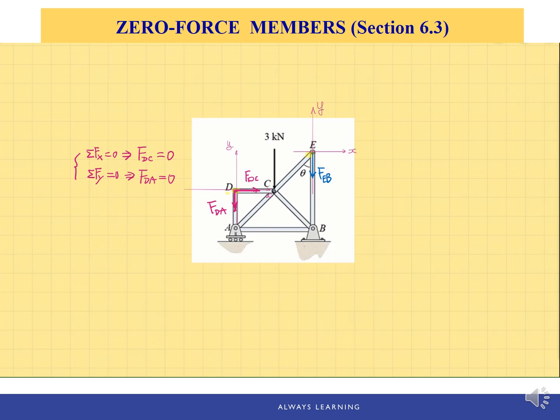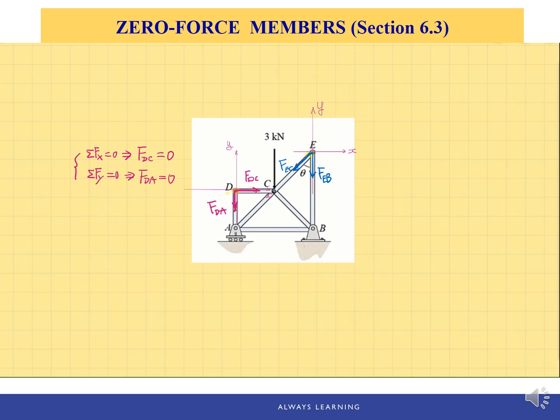And there's another force along the member EC. Assume that is tension as well, so it pulls away from pin E. So this is FEC. Same idea. Those are the only two forces applied at joint E.